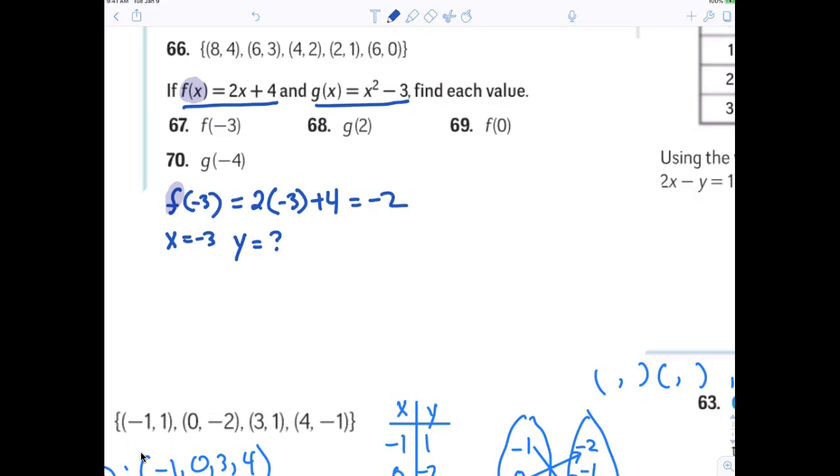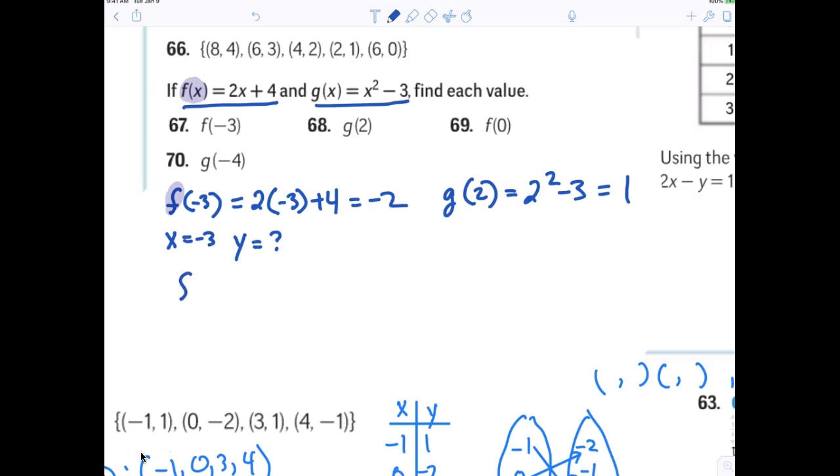So what do I do for g of 2? You go to the g and plug 2 in for x. So this would be 2 squared minus 3. What's 2 squared? Minus 3. So this is 1.